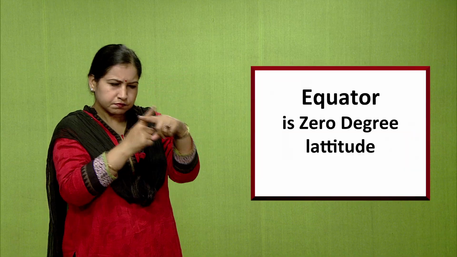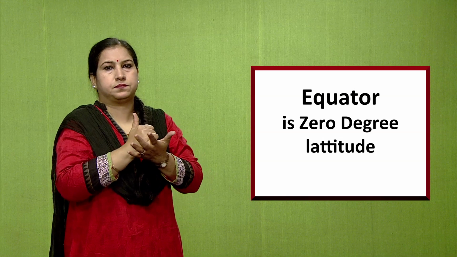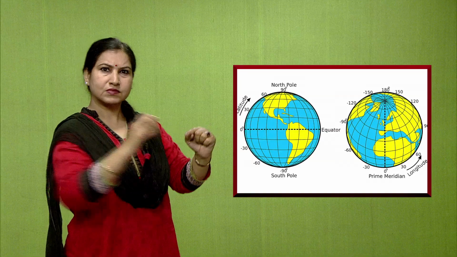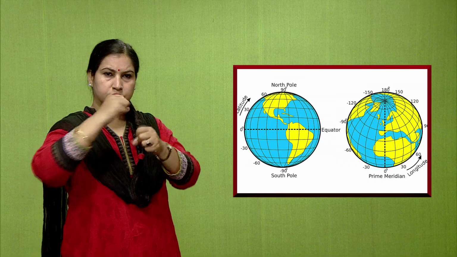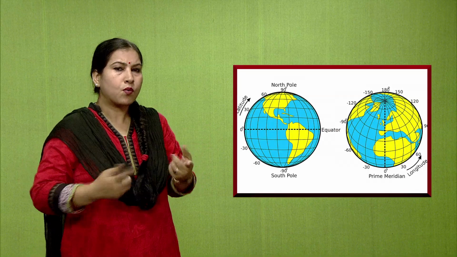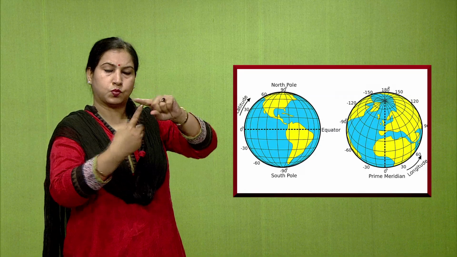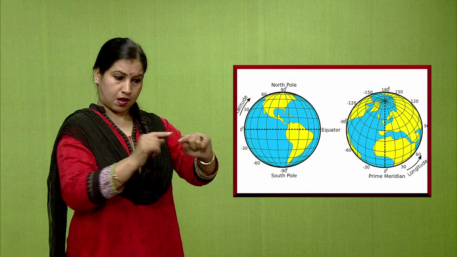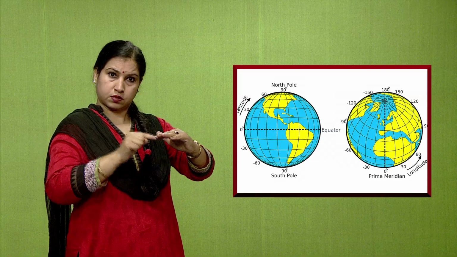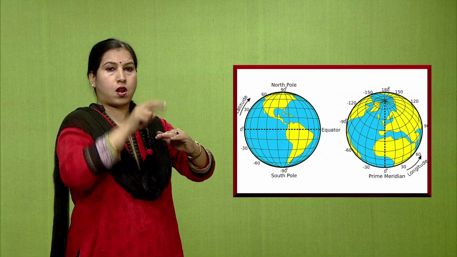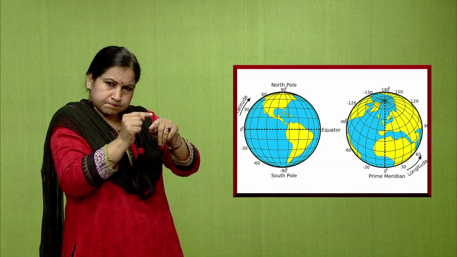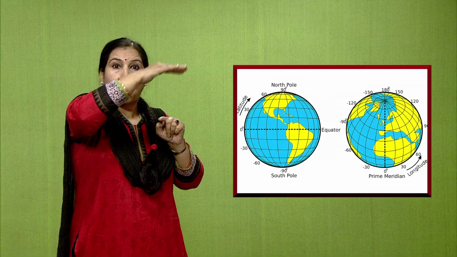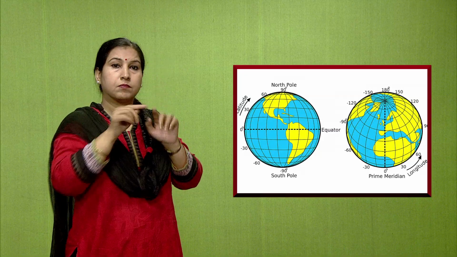We all know that the equator is 0 degree latitude. All other latitudes are measured north and south of it, with the closest latitude measuring 5 degrees and the farthest being 90 degrees, or the pole.